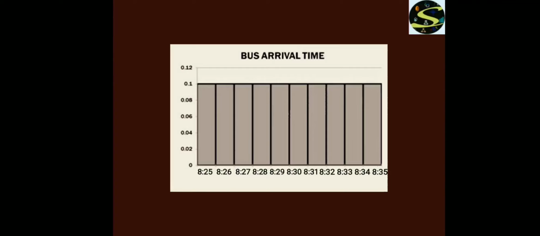Across the 10-minute span, we have taken our 10-minute interval and chopped it up into 1 minute time spans, and the probability of the bus arriving in any one of those time spans is the same.